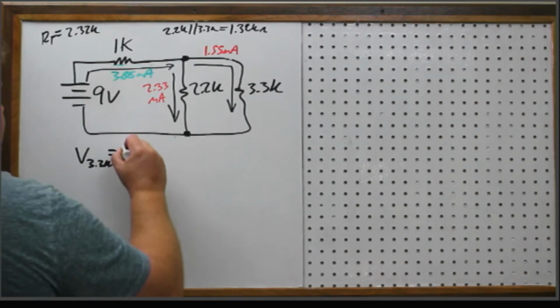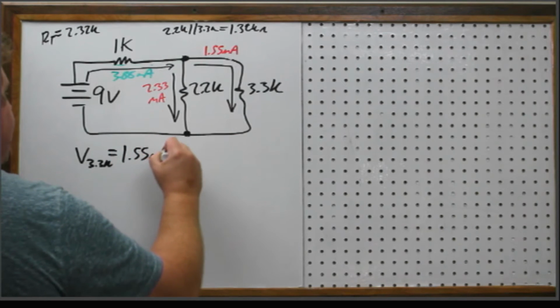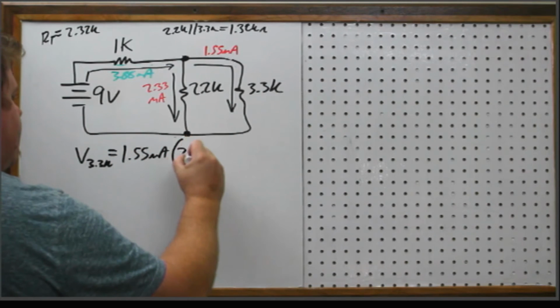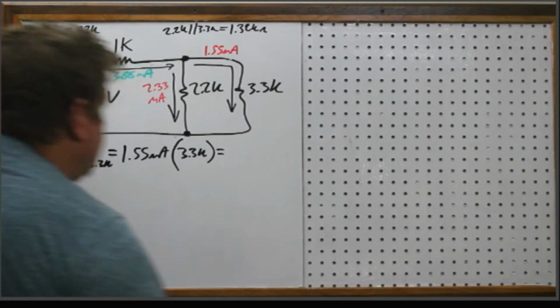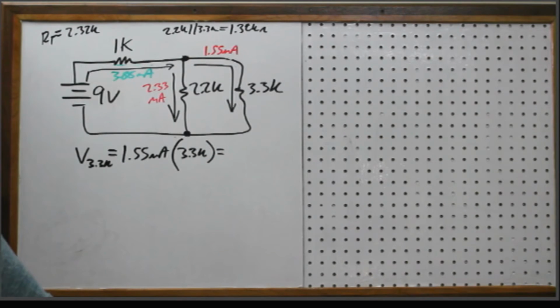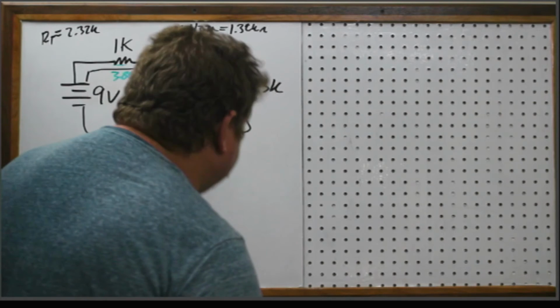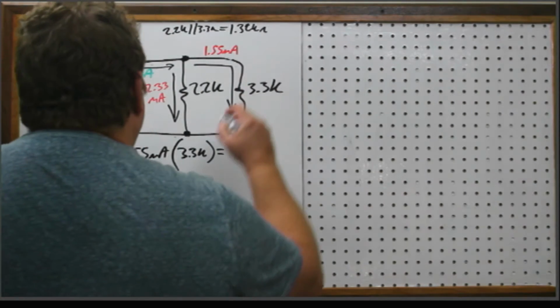Well, I've got a 1.55 milliamp current, and it's 3.3K. So this voltage drop is going to be 5.12 volts.